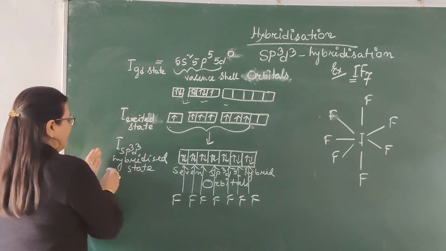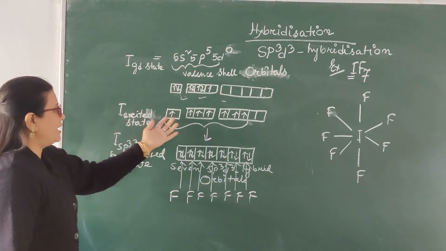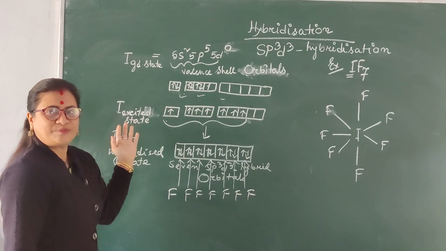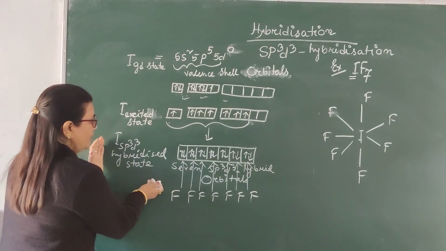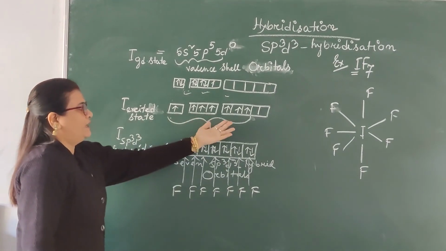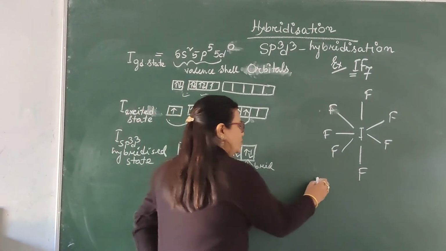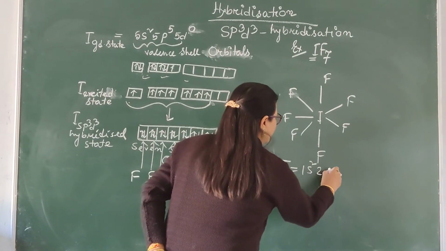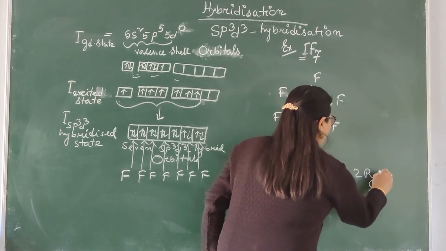Now in the hybridized state, 1s, 3p, and 3d will take part in the sp3d3 hybridization, in which we have got 7 hybrid orbitals having 7 unpaired electrons. Now the 7 fluorine atoms, as we know, the fluorine atom electronic configuration is 1s2, 2s2, 2px, 2py, 2pz.